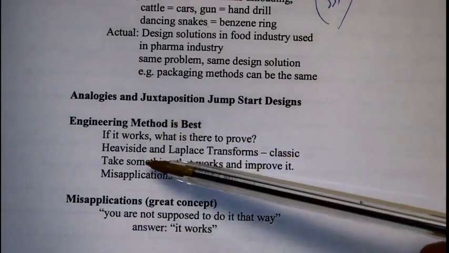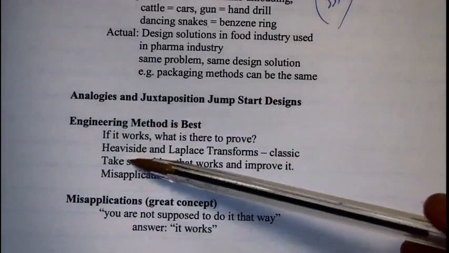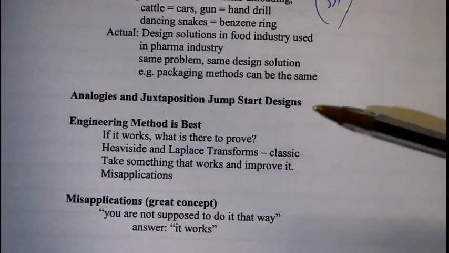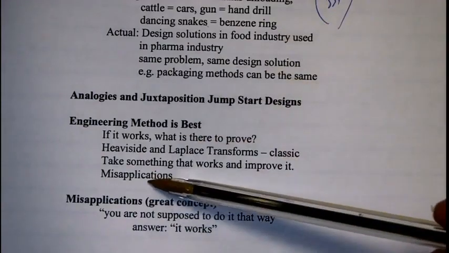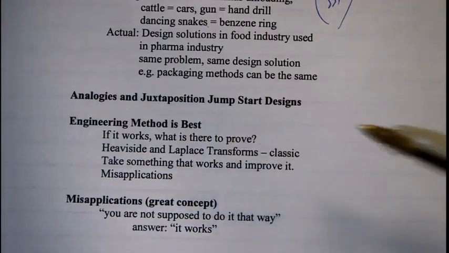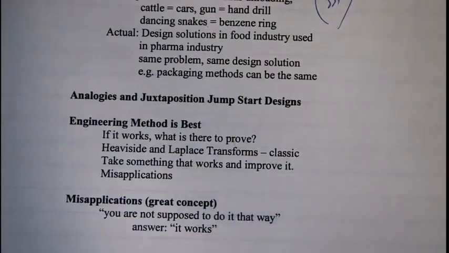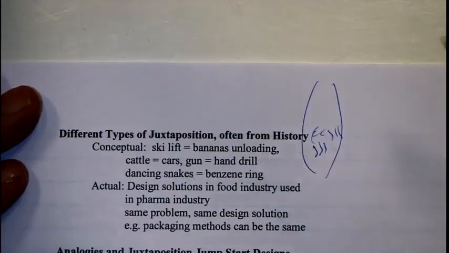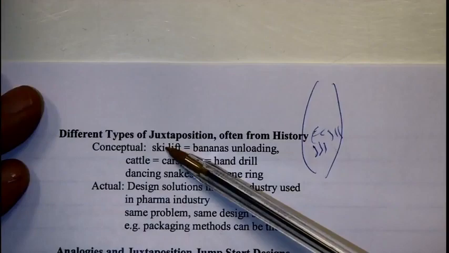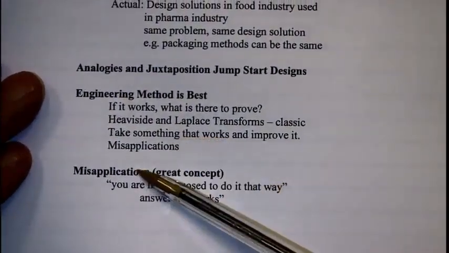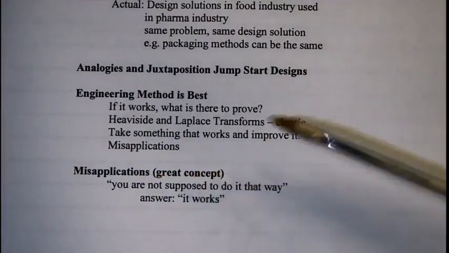So Heaviside's method was basically the Laplace transforms. Now, in engineering, you take something that works and improve it. That's often what happens. And then we get down here into the area of misapplications. You've probably never been told to misapply stuff. If I have something unloading bananas, I misapply it into a ski lift. That's one way. But misapplications can be a great concept.